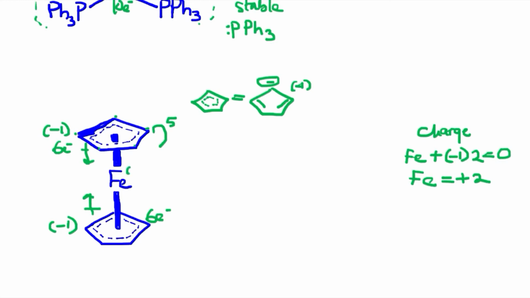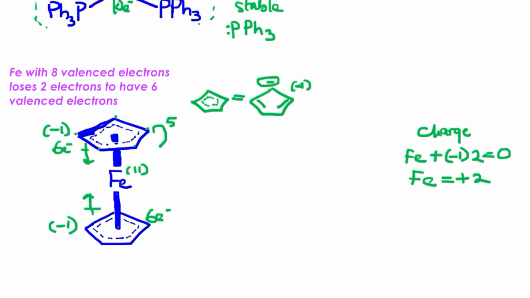So once it is a +2, what that implies is that if we count the overall number of electrons, for this to be stable, it must equal 18.